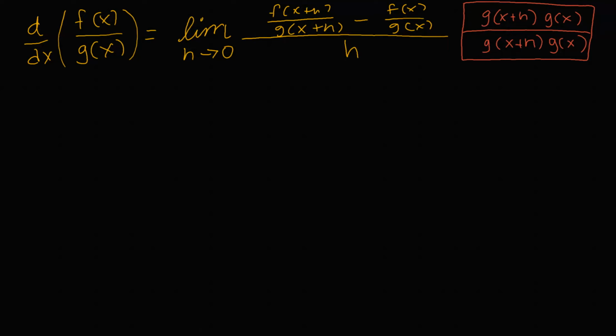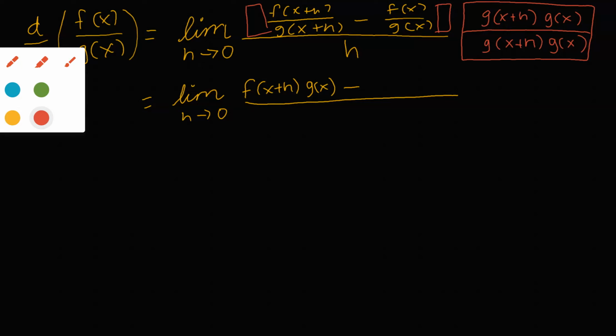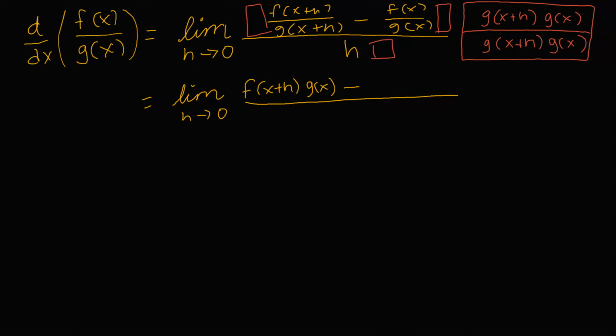And when you distribute the 1 into the first term, g of x plus h will be divided out, and we will just have f of x plus h times g of x, minus, when we distribute the red thing into each one of those, and the denominator would also have that red thing there.